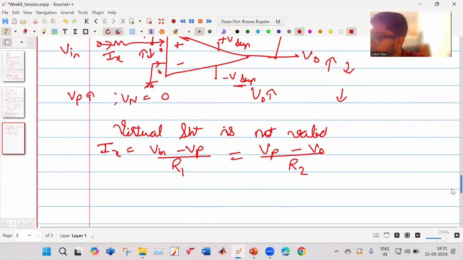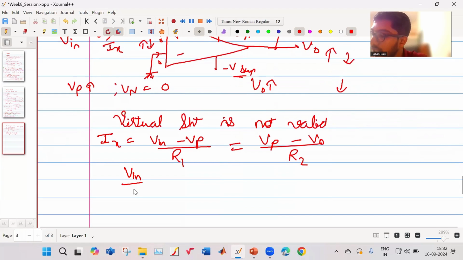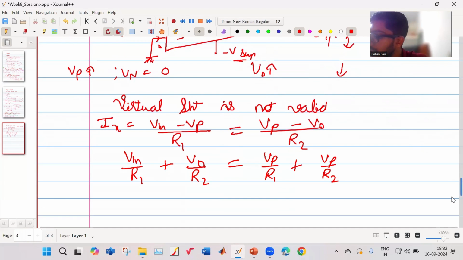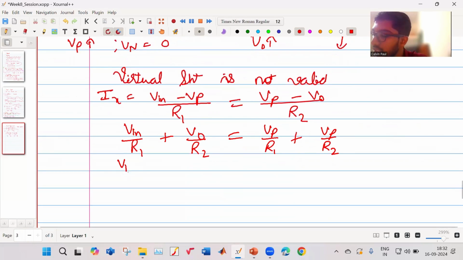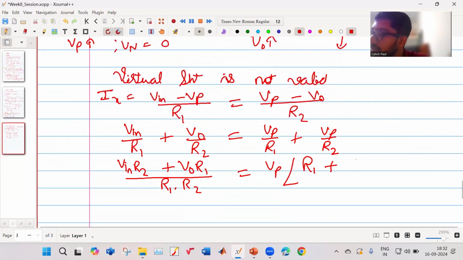So we have V in upon R1 plus V output upon R2 is equal to Vp upon R1 plus Vp upon R2. So this is V in into R2 plus V output into R1 upon R1 into R2, which is equal to Vp into R1 plus R2 upon R1 into R2.